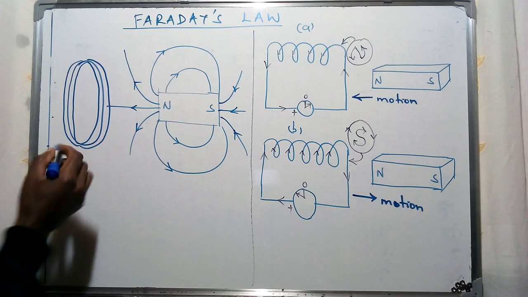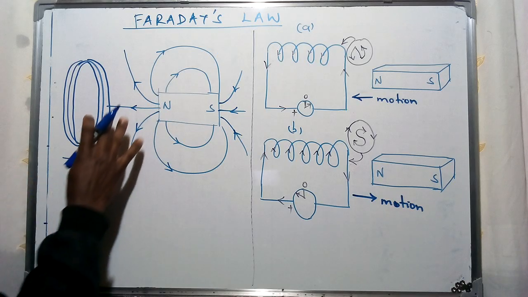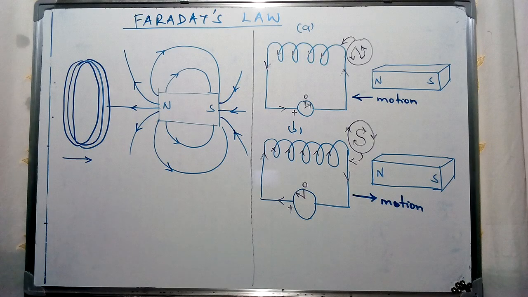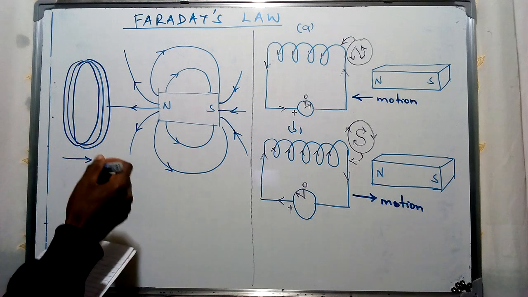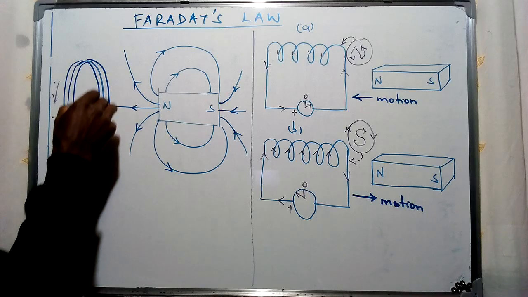So if this particular coil is moved in a relative motion relative to this specific magnet, we're going to see that the coil is going to be cutting some of the magnetic field lines which are going to be shown above, and this is going to be resulting in the induction or the induced current which is going to run inside the coil. And this current is going to be running in this particular direction, as we're going to see later.